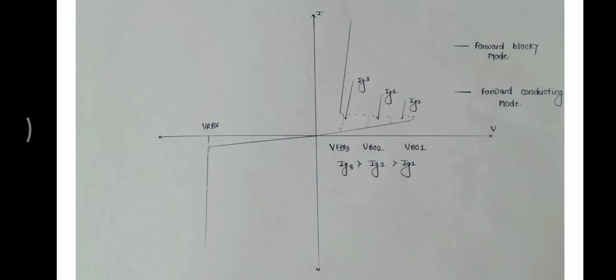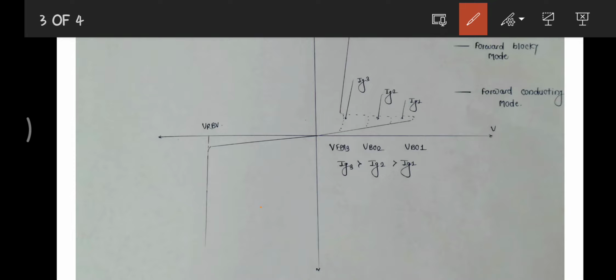Here is the diagram, as you can see. After the forward breakover voltage, it is called the forward blocking mode, and then the gate trigger comes earlier. Suppose we apply gate triggering first, IG1, which is low. Then we give one more gate triggering, IG2, which is greater than IG1.